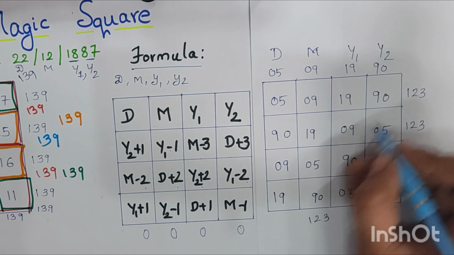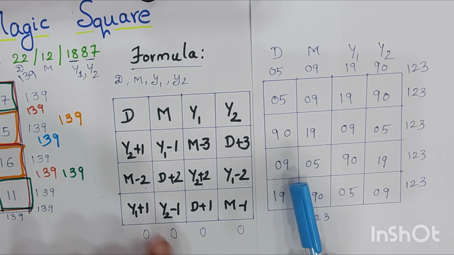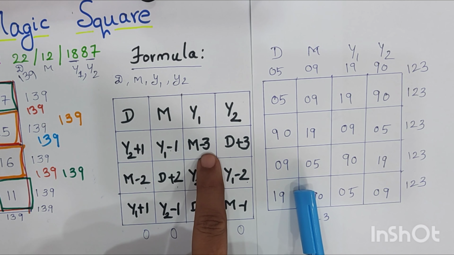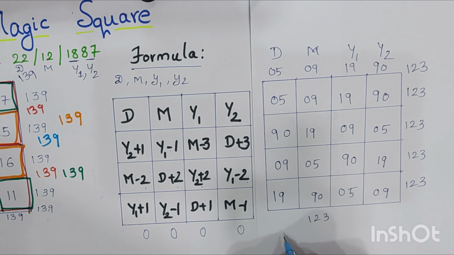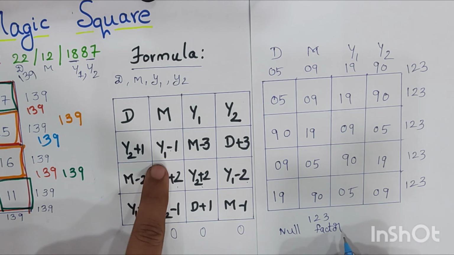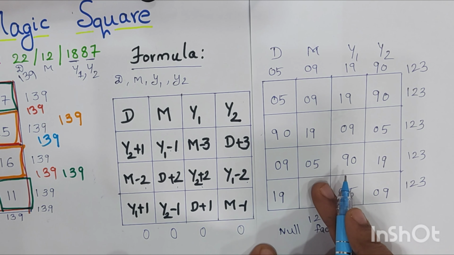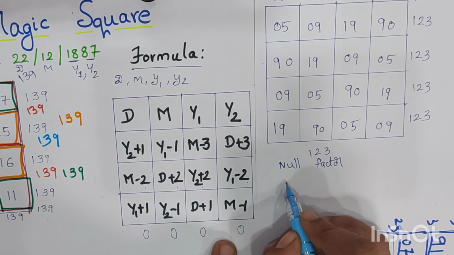And the pattern method is easy when compared to the formula method, because in the formula method we have to remember the formula. In the formula method we are getting numbers other than the date of birth numbers, but in this pattern method we are getting the same numbers that are present in the date of birth.